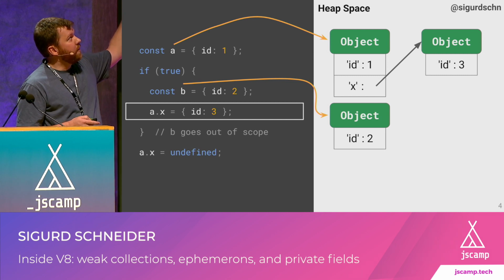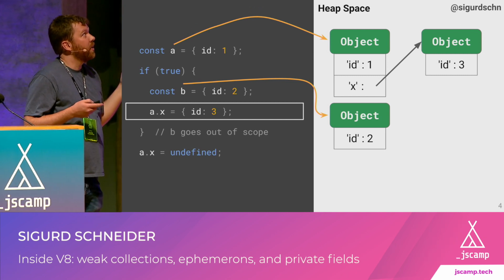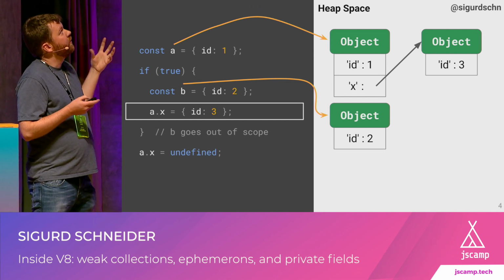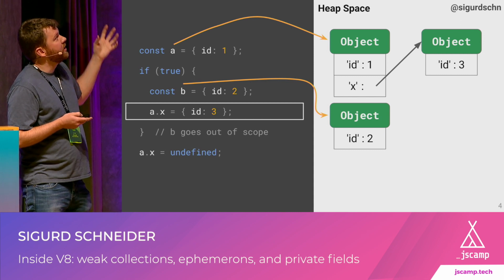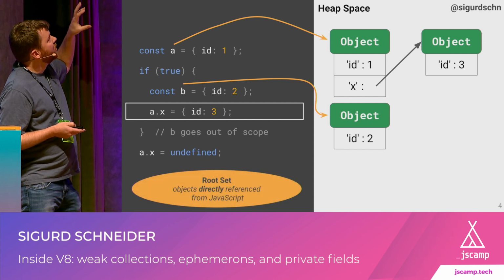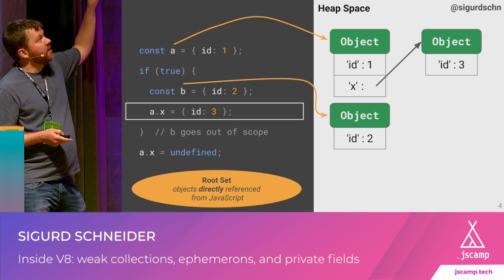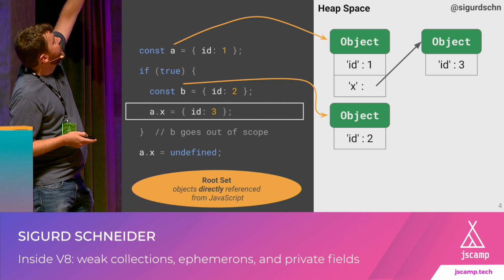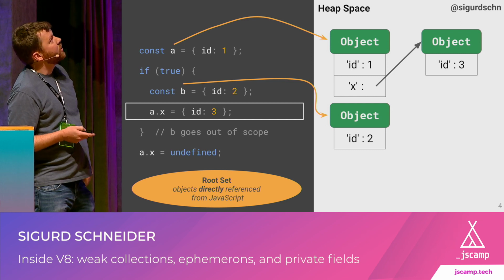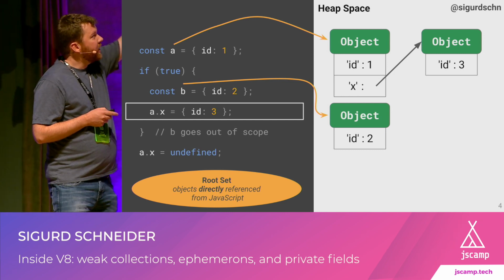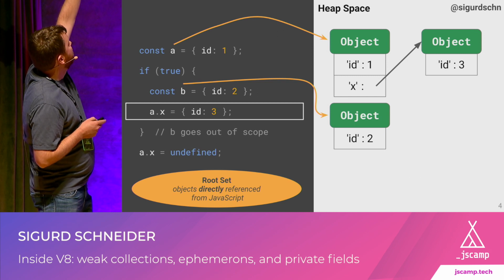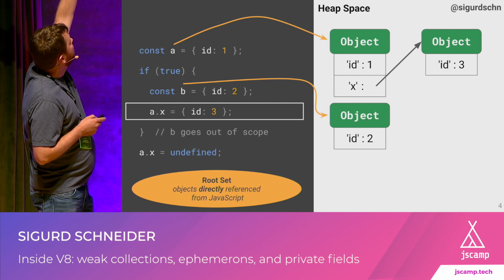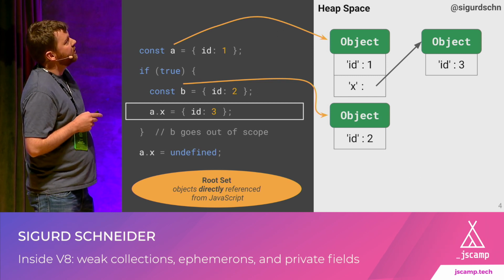And there's an important device that one needs to understand if one thinks about garbage collection, and that is the so-called root set. And the root set is the set of all objects in the heap that is currently directly referenced from JavaScript land. And in this case, object 1 and 2 are referenced directly from JavaScript because a and b are still in scope.